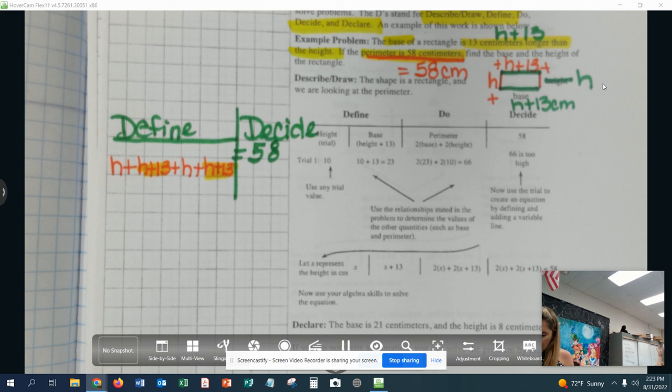So I have 4 h's, and I still have 58. Then I add up the numbers. So I'm going to add up the 13s. What is 13 twice?